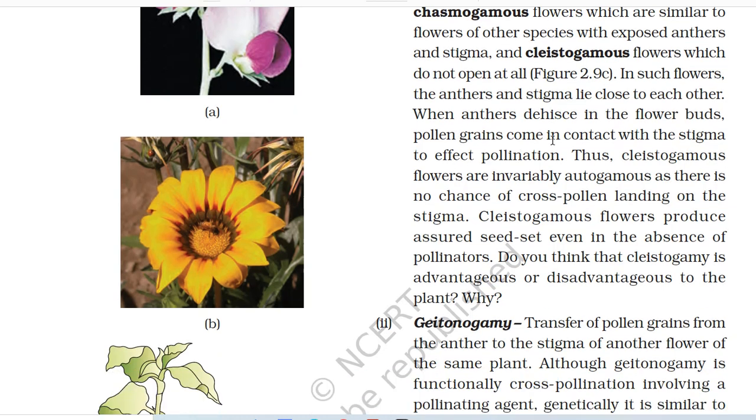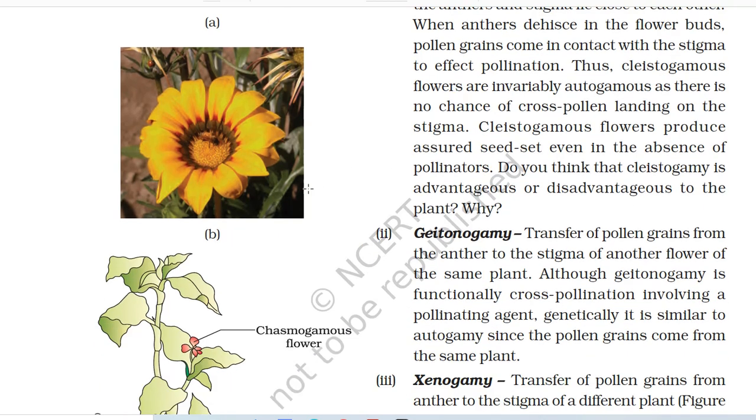When anthers dehisce in the flower buds, pollen grains come in contact with the stigma to effect pollination. Thus, cleistogamous flowers are invariably autogamous as there is no chance of cross pollen landing on the stigma. Cleistogamous flowers produce assured seed set even in the absence of pollinators.